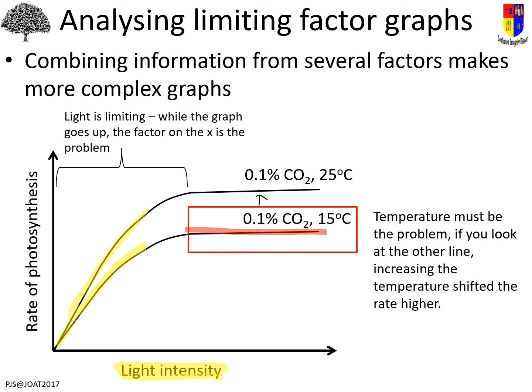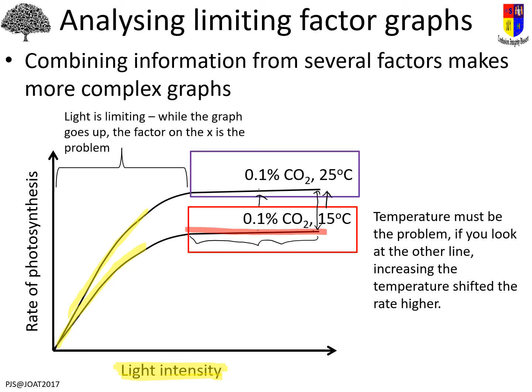So carbon dioxide can't have been the issue because you haven't changed the carbon dioxide. You have, however, changed the temperature, and that's jumped up from here to here. So 10 degrees temperature shifted the line up. So if they ask you what was limiting from here to here, well, that was temperature.